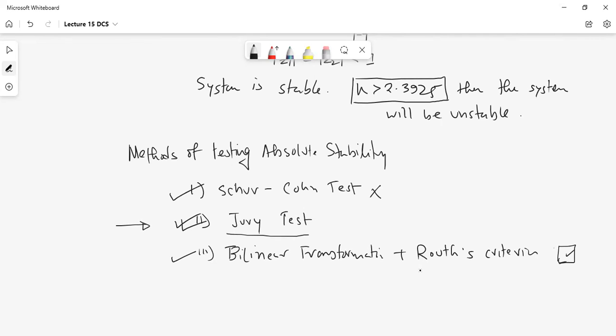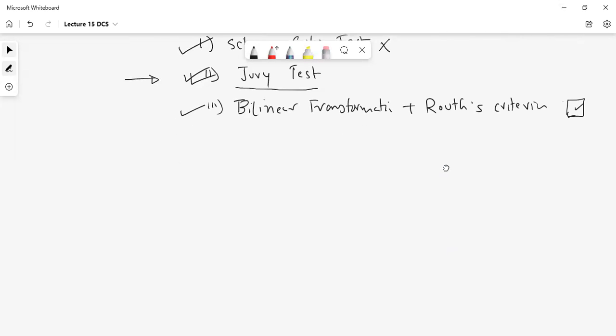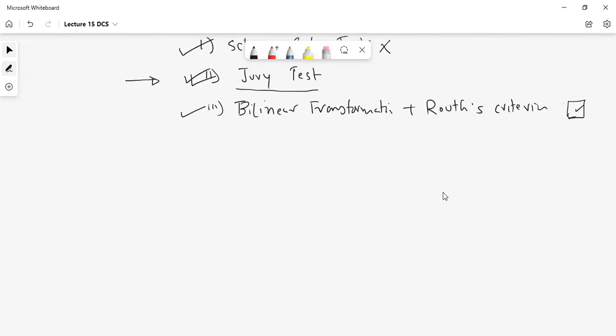What the Jury test says is that if you have a polynomial, you have to form a table, and after forming the table, you have to check certain conditions, and if those are fulfilled, then the system is stable. If the conditions aren't fulfilled, then the system is unstable. So let's start with the Jury test.